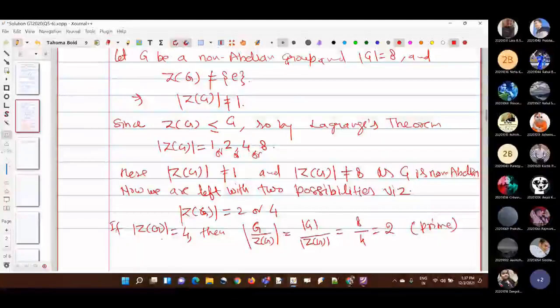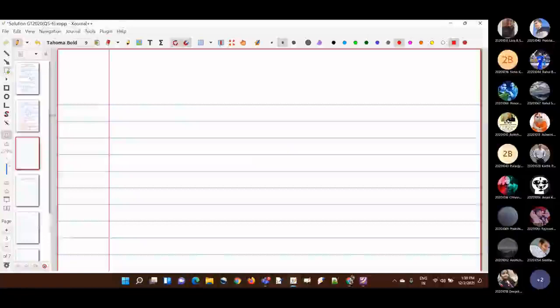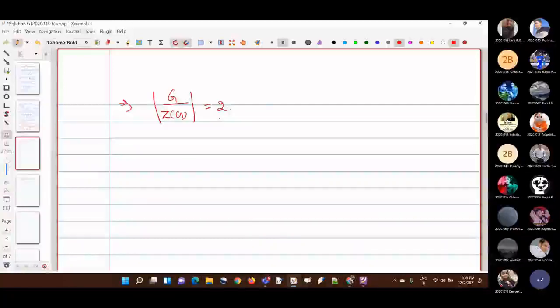You know one result: if the order of a group is prime, then what can you say about the nature of that group? Every group of prime order is cyclic.